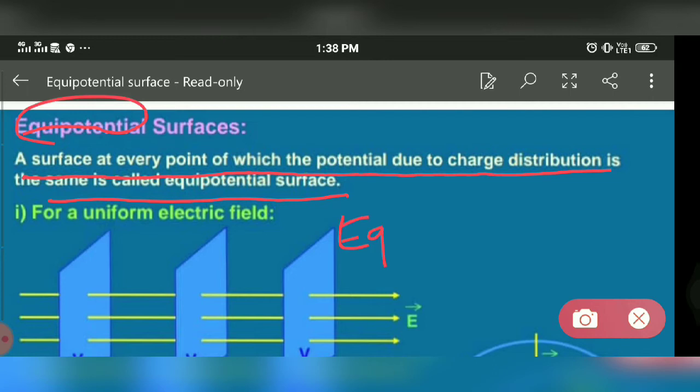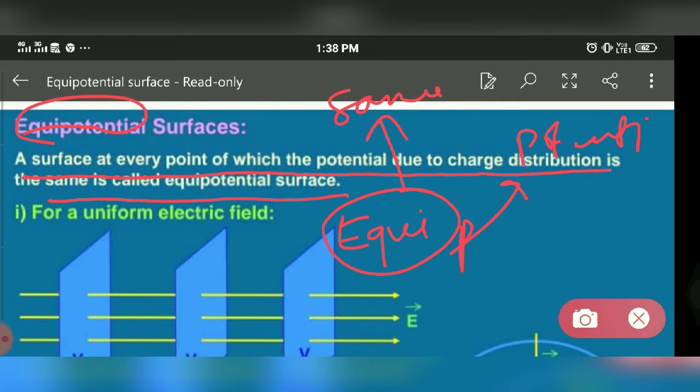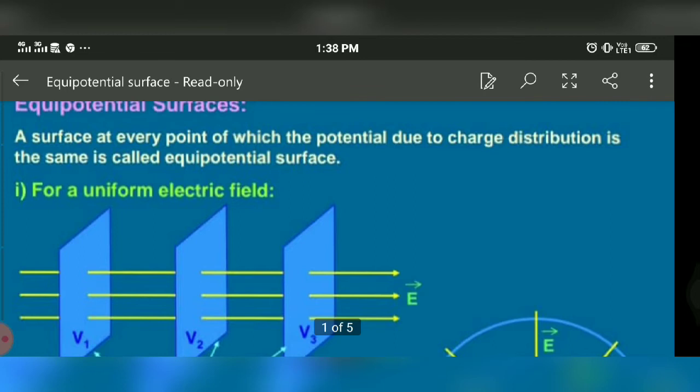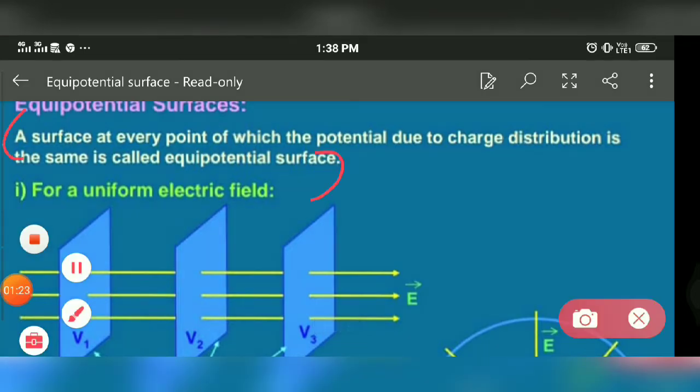Equi means same, potential. Same potential surface means the surface at every point of which the potential is the same, and that surface is called an equipotential surface. So this is the definition of an equipotential surface first of all.